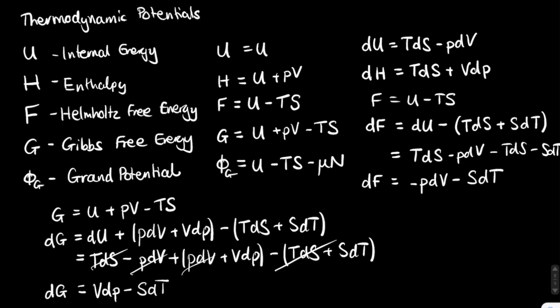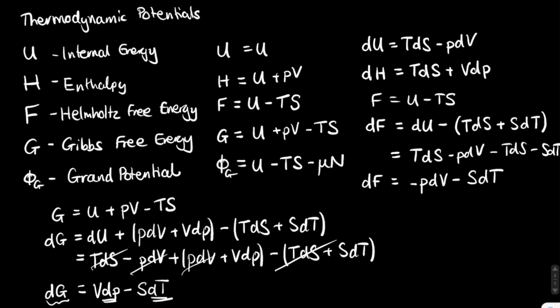And so we've now got that the natural variables of the Gibbs free energy are the pressure and the temperature, which is why the Gibbs free energy is used in chemistry a lot, because the temperature and the pressure are the easiest things to keep constant. And so the Gibbs free energy is actually used a lot in deciding whether a reaction is energetically favorable.